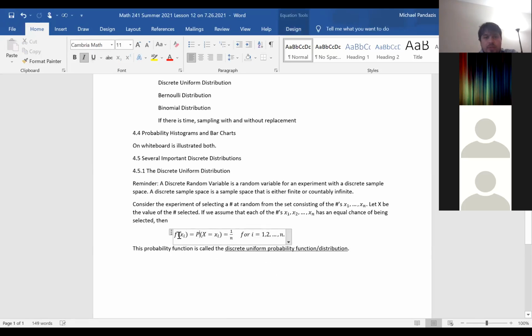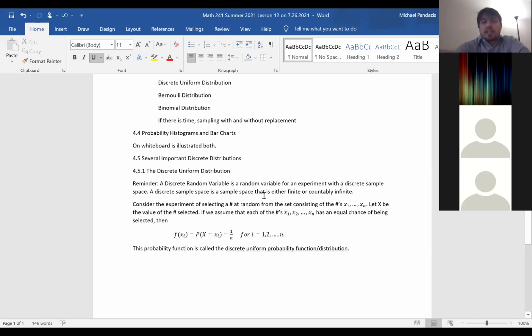Uniform because the probability of each possible value of capital X is the same. That's the uniform part of the name. Discrete because the sample space, the possible values of X, is finite. It's only little n many possible values of capital X, and so there's only little n simple outcomes in the entire sample space. So discrete, uniform, probabilities are the same, and it's a probability function, also called the distribution.